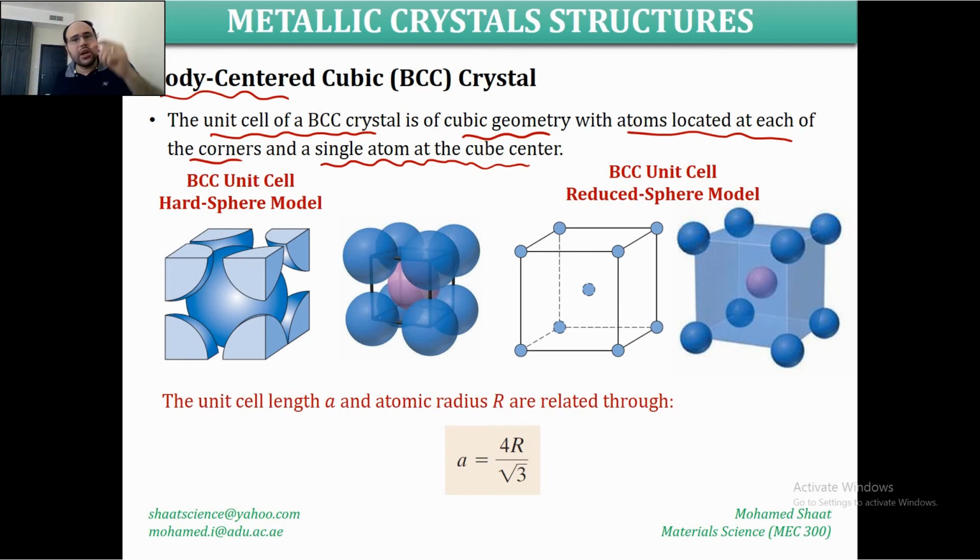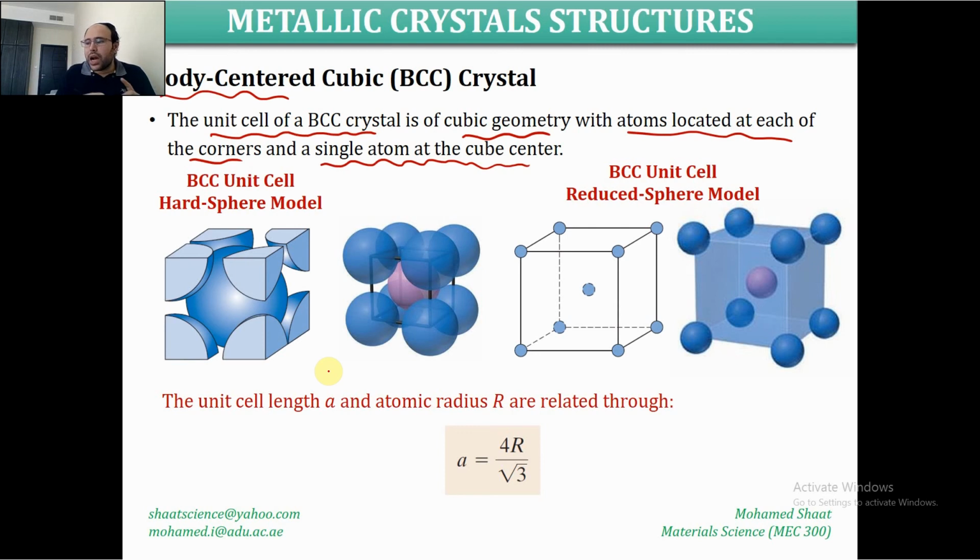But the new thing is that there are no atoms at the centers of the faces, but instead we have one whole, complete atom located at the core of this cube. This is what distinguishes the BCC crystal structure from the FCC crystal structure.